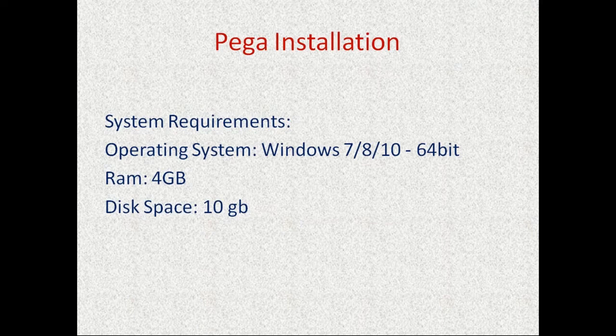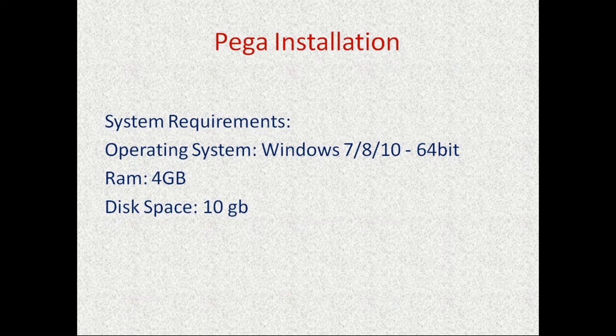On Windows, whether you are using Windows 7, 8 or 10, on any Windows platform we can install this setup, and make sure you have a 64-bit operating system. PEGA software mainly supports 64-bit OS. RAM: minimum 4 GB, and free disk space of minimum 10 GB in any drive is required. These are the basic system requirements for configuring this PEGA PRPC setup.